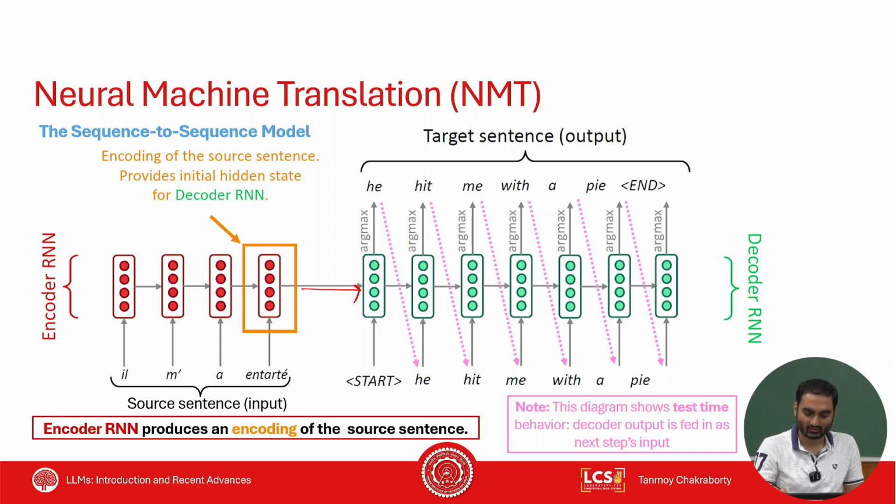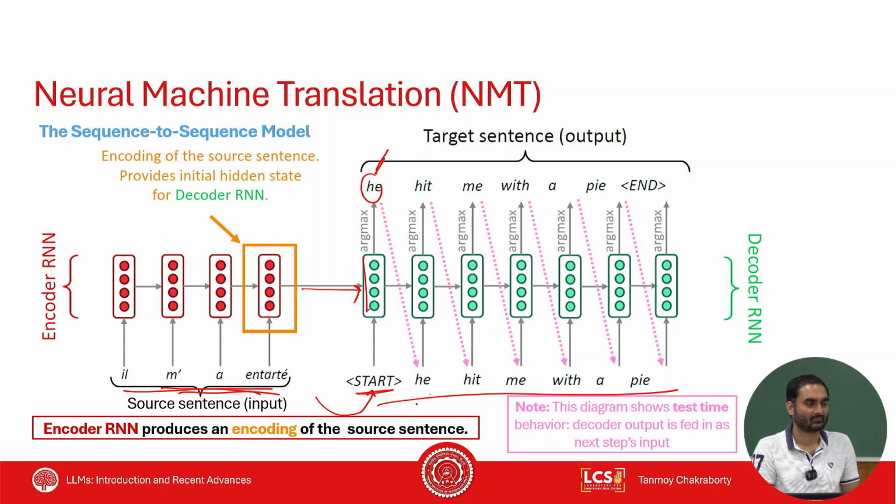Now, if you look at this thing very carefully, where is the loss we are computing? So, we are computing the loss at the output hidden state, at the output RNN. This is the output RNN, right? Now, look at the timestamp. So, here, this is the input, right? Ideally, the first input of the first hidden state will be a start symbol, right? And it should be able to generate the next word, which is he, right?